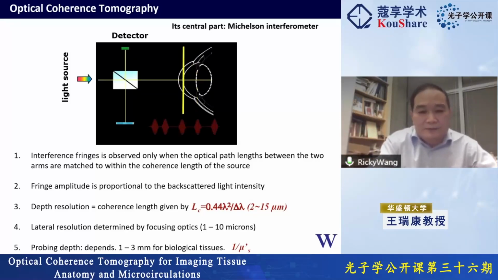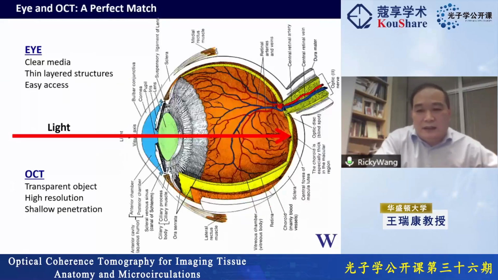So that we can make proper use of the system for different applications. And OCT and the eye are a perfect match, because OCT uses light to look at biological tissue, and light likes transparent objects, right? A transparent object will let the light penetrate. We know that our eyeball is transparent, so it's a perfect match.